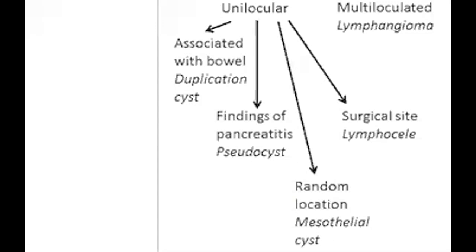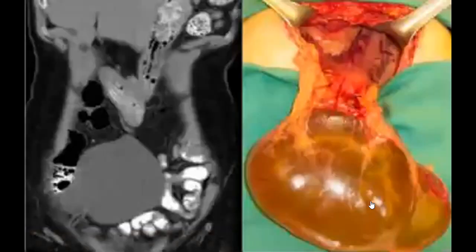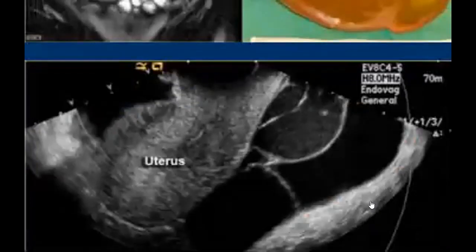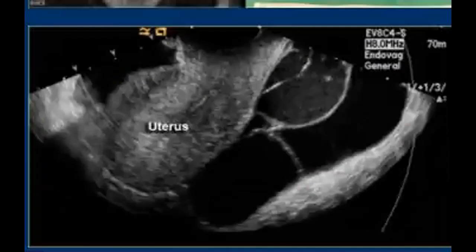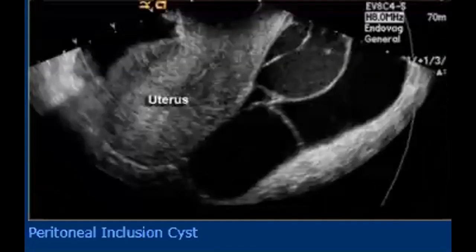If you remember the scheme, I will just show you. Yes. There's one lesion, it's called peritoneal inclusion cyst or multilocular peritoneal inclusion cyst. Primary tumor, it is benign. It happen in the perimenopausal woman.